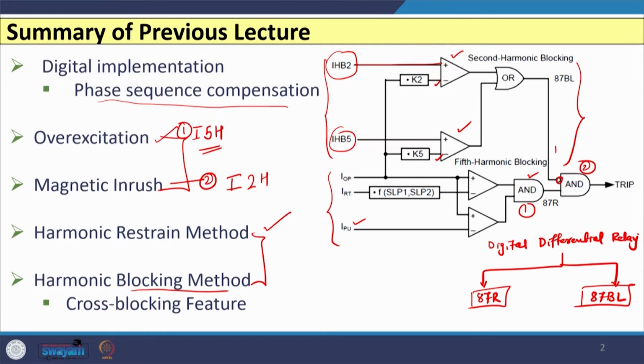So, in any case if inrush is detected or overexcitation condition is detected, this will become 1. So, your output of OR logic becomes 1, so that the final output of this second AND gate is 0. So, blocking is there and no tripping command is initiated. So, this we have discussed.